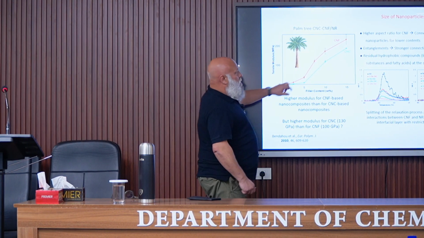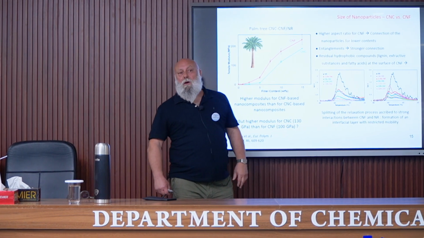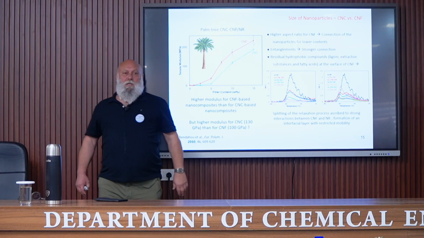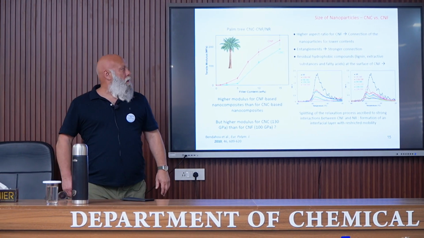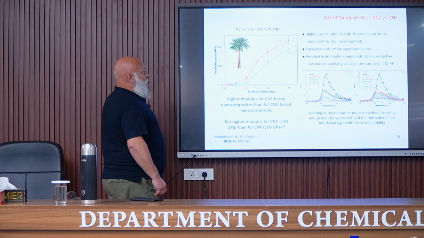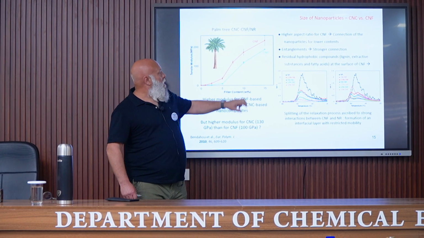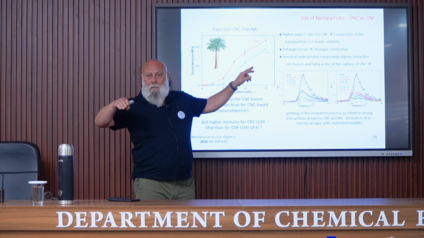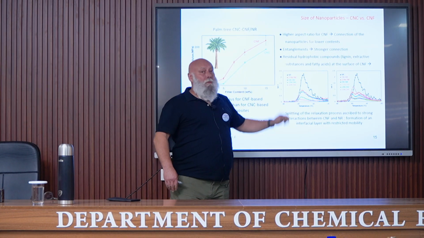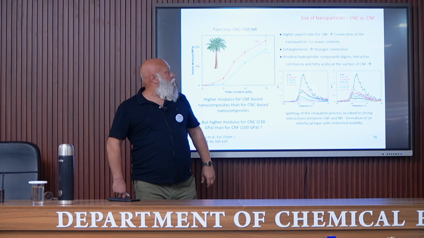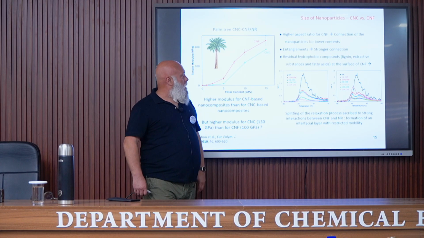The first one was the aspect ratio. It is higher for nanofibrils, meaning that probably we have a connection for a lower content. The second thing is that remember that nanocrystals are stiff nanorods. Nanofibrils are flexible filaments. So maybe they can form some entanglements and it can lead to a stronger connection.